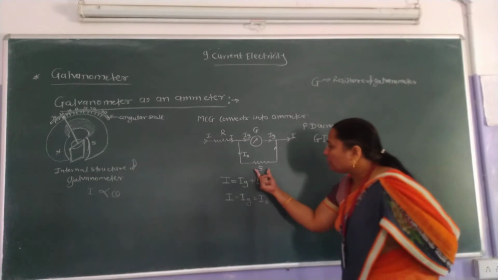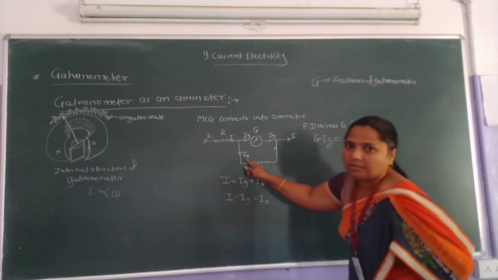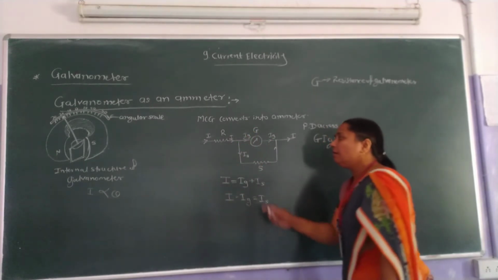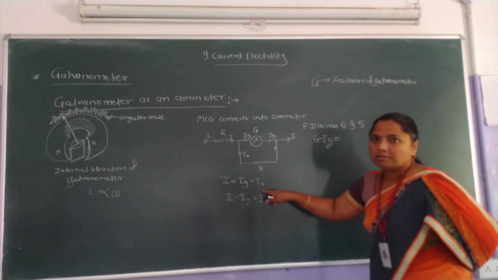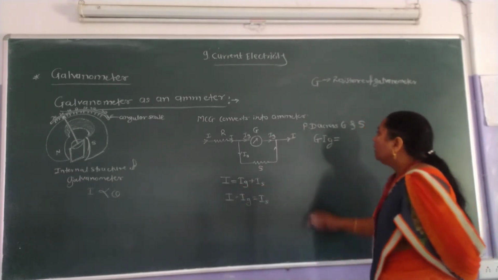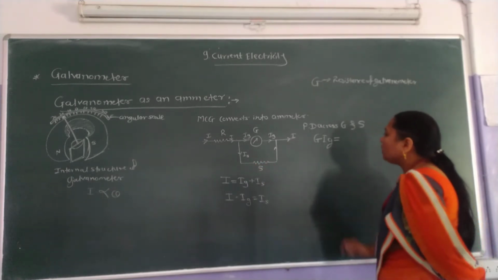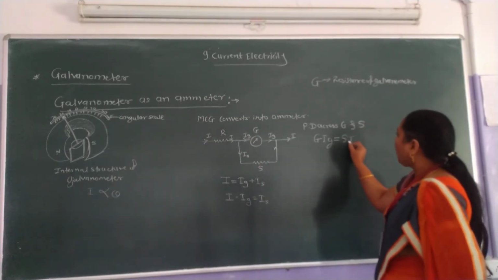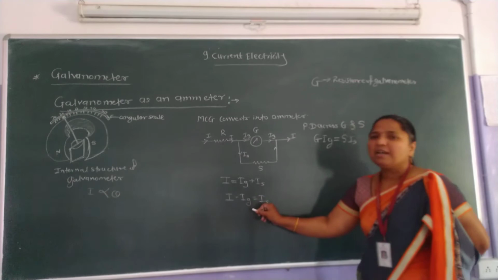The potential drop across S is calculated with the current flowing through S, denoted by Is, because the shunt resistance carries the current Is and the galvanometer carries the current Ig. The current I is divided into 2 arms, Ig and Is. Therefore, the potential difference across S is equal to S into Is. From the earlier equation, Is is equal to I minus Ig.